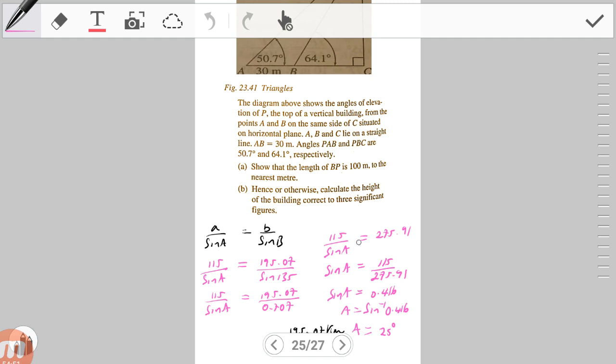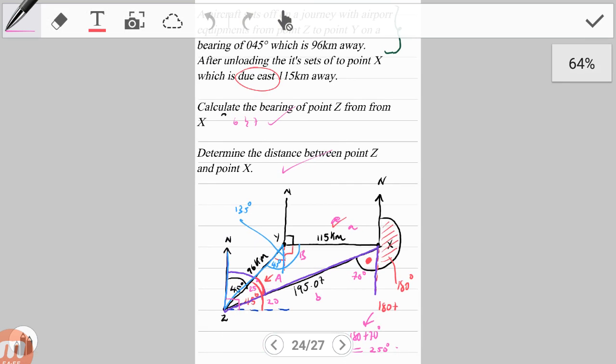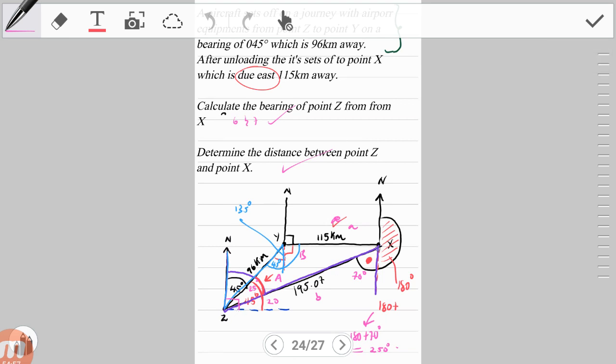When I had calculated using the sine rule and the cosine rule, I had automatically calculated the distance between point X and point Z. So we had already calculated that to be 195.07. So hopefully you guys saw that the error made in this question was in terms of putting this question first and doing that question last.